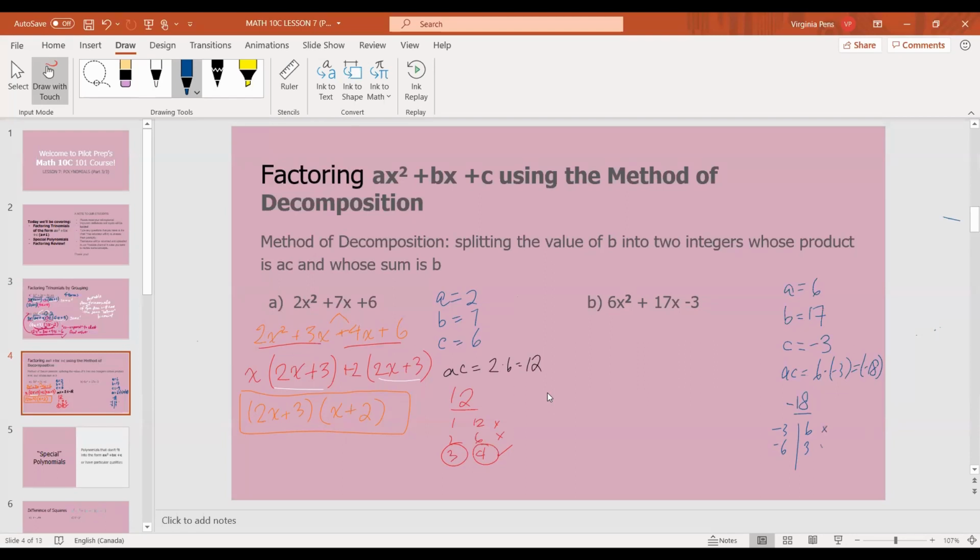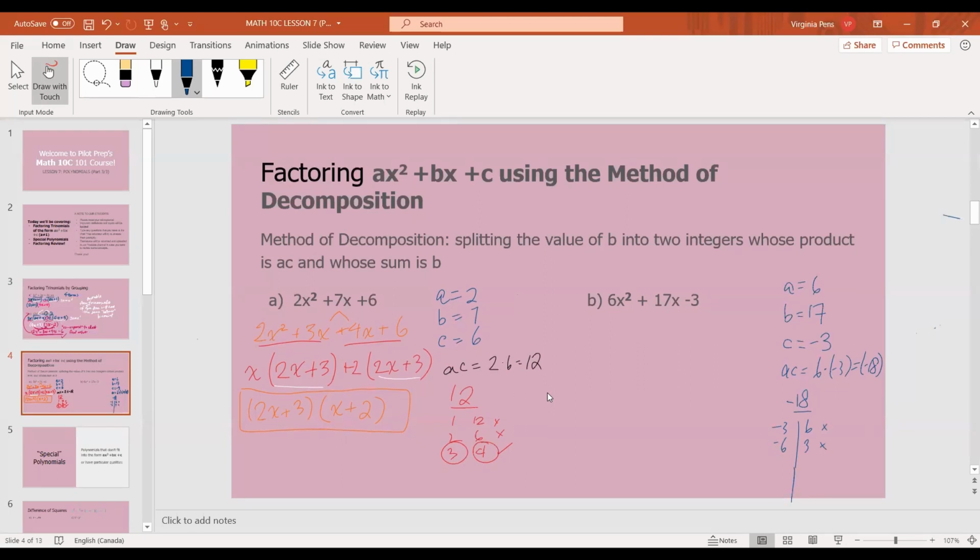But none of these work. So let's go in order, I guess, then. So we have negative 1 and 18. Does that work? Well, negative 1 plus 18 is the same as 18 minus 1, which is 17. And that is what we're looking for. So that does work. Hooray, we don't have to go any further.